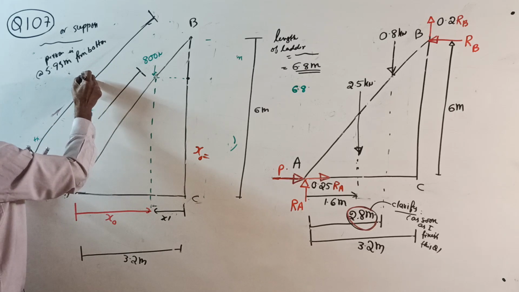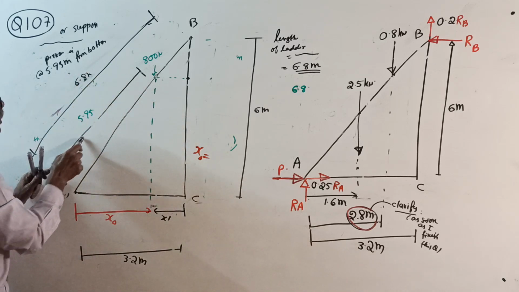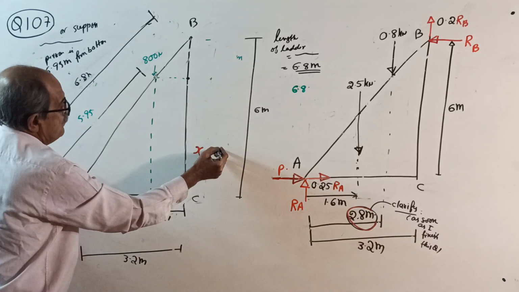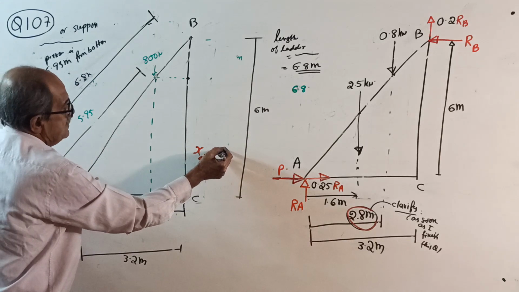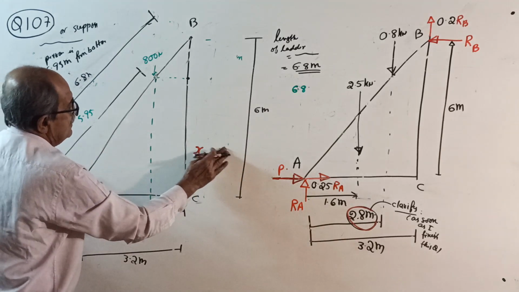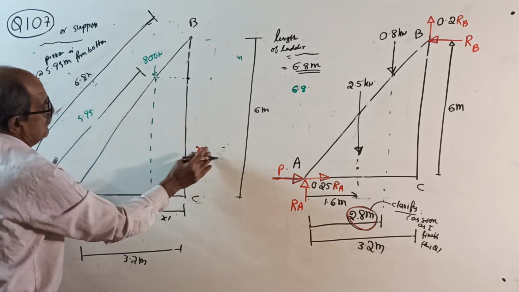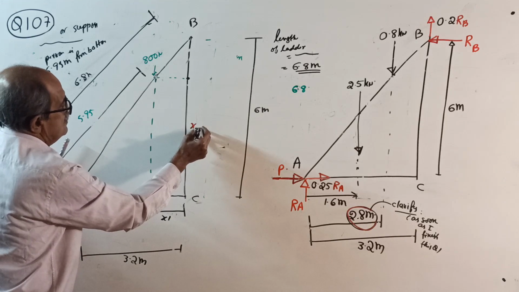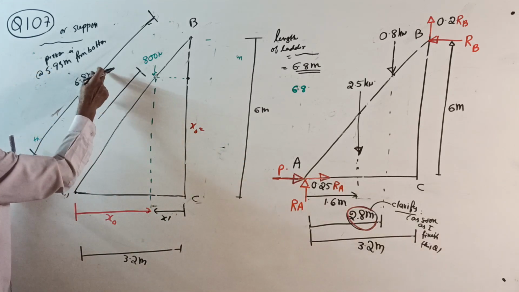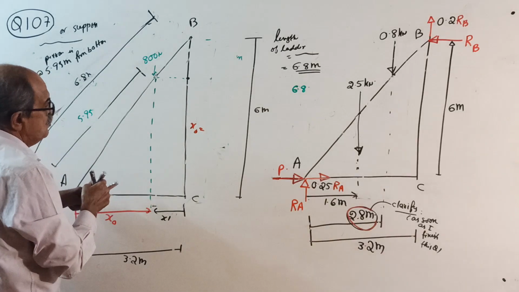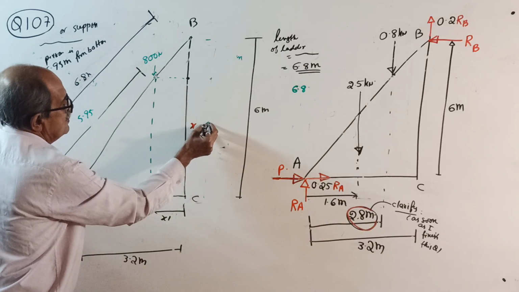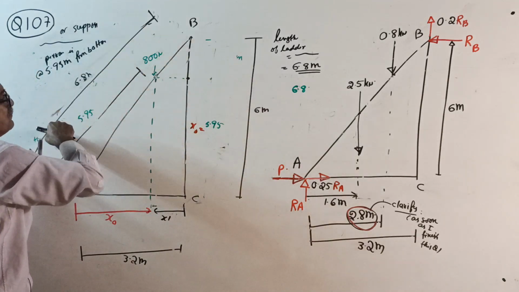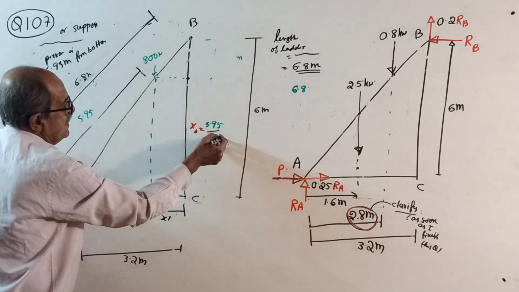So he is at 5.95 along a length of 6.8. Then x naught equals the given value 5.95 by 6.8.